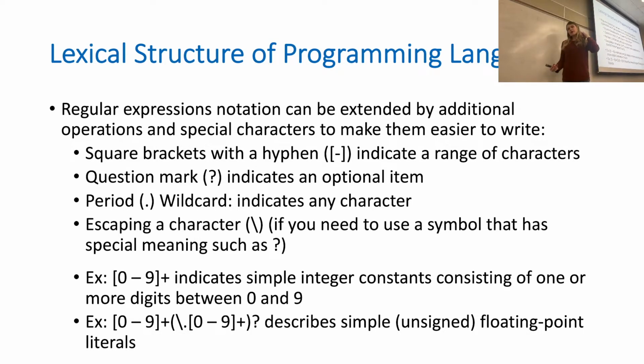But within the parentheses, we have a backslash period, so not the meta symbol wildcard, but just the actual period character, then the set of 0 through 9, repeating 1 or more times. So this is a real number regex. The front is the integer. The optional component is the decimal point, and then the fractional component.